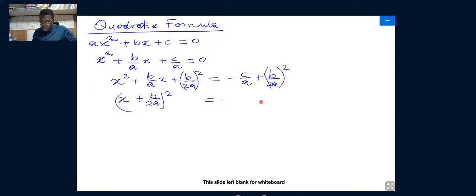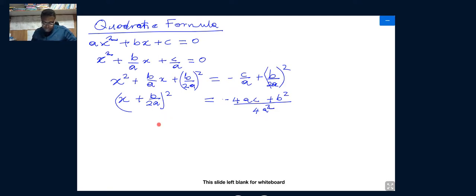So I'm just going to do the whole thing here: negative 4ac plus b squared all over 4a squared. Right now we are not dealing with that part. We're dealing with the process of completing a square in order to derive the quadratic formula.